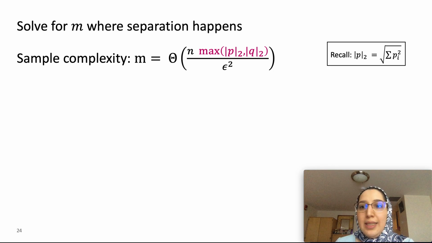So basically here, for the sample complexity, we need to make sure that those concentration intervals are disjoint. The number of samples we need to make those intervals disjoint is essentially n times the maximum L2 norm of the two underlying distributions divided by epsilon squared. We don't know P and Q, so this maximum L2 norm is also unknown to us.